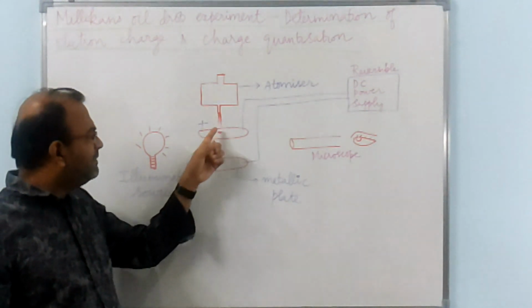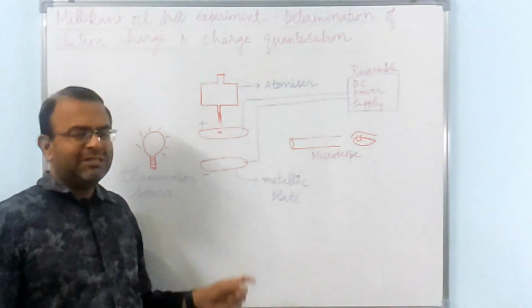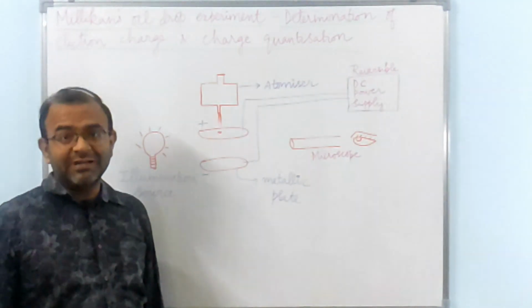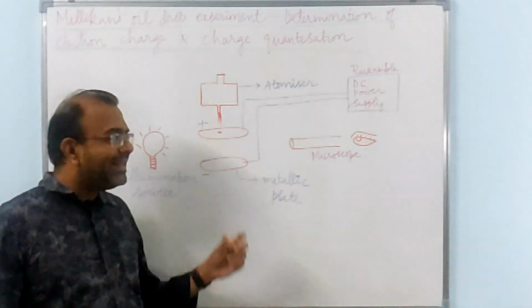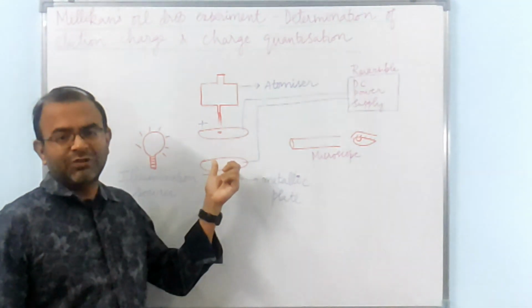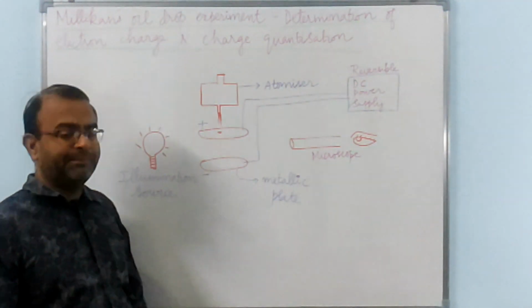As the oil drops emerge from the nozzle of the atomizer, they could be charged sometimes due to the frictional forces. Millikan's experimental basis was to balance the electric force acting upward and the gravitational force acting downwards.